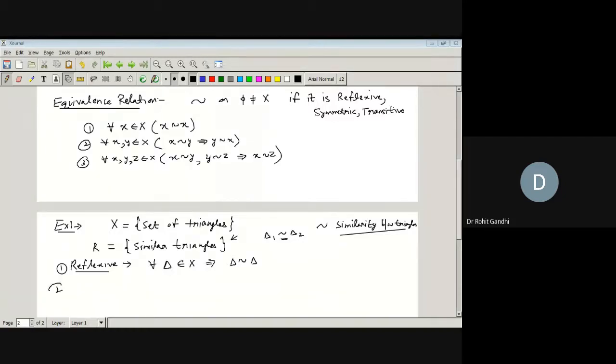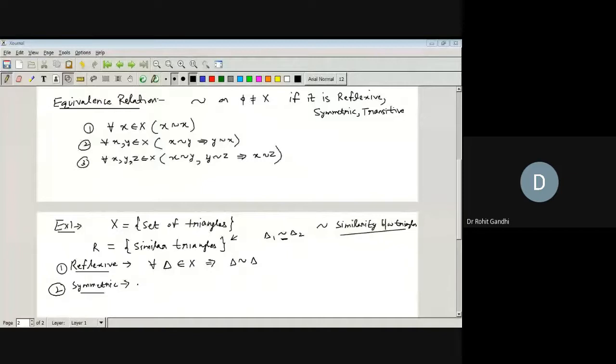So second property is symmetry. Yes, कौन बताएगा? Raise your hand, hurry up. Yes, Anchal. हाँ जी आंचल बोलो. Sir has symmetry. क्यों?